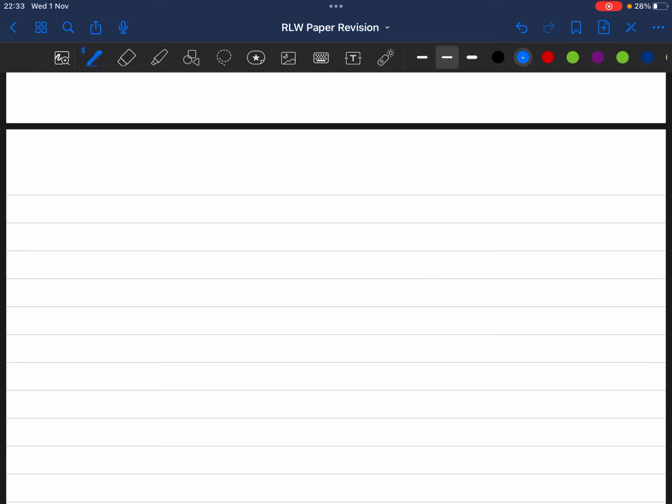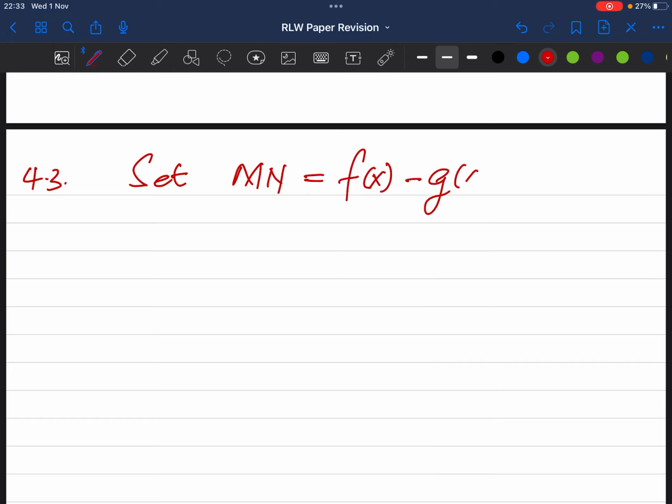So to find the length of MN, I'm going to set MN to be equivalent to f of x minus g of x, which is equal to L of x.